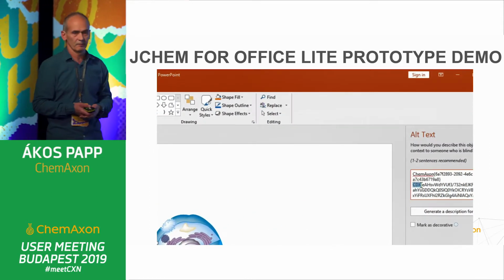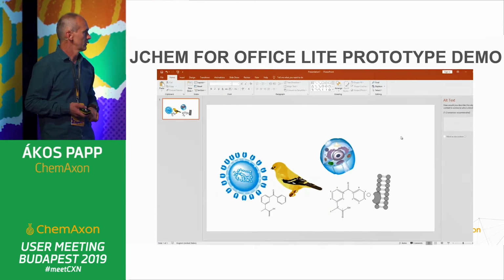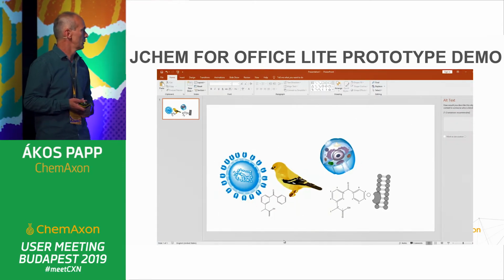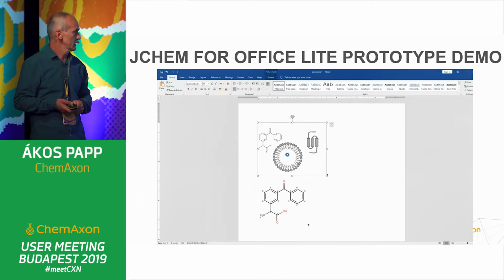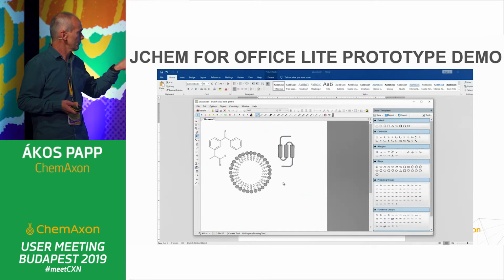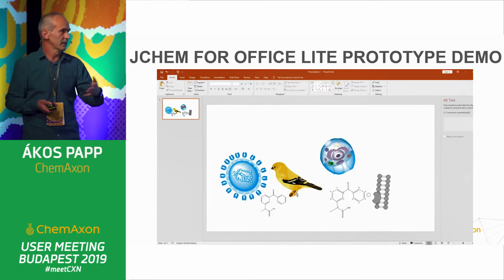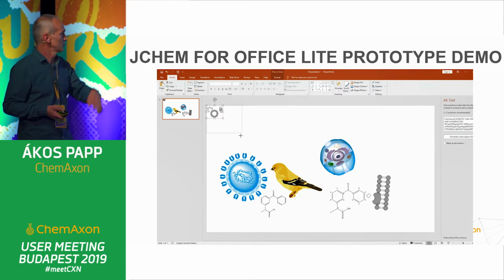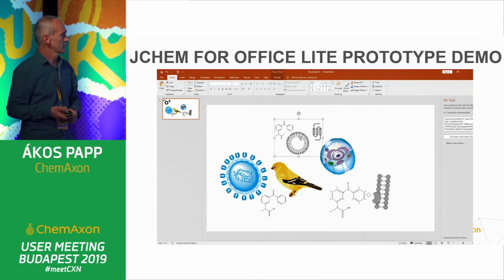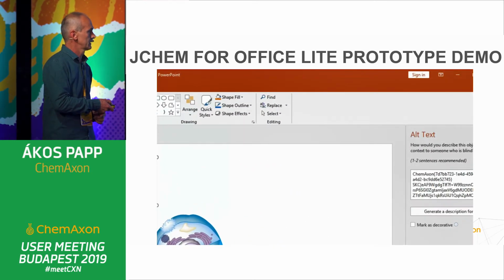And finally, I show that if I copy-paste a BioVia SKC object from the editor directly to PowerPoint, you will see that it finds BioVia for rendering, and I just enlarge it; this is really vector graphics. And on the right, you can see that this is SKC.